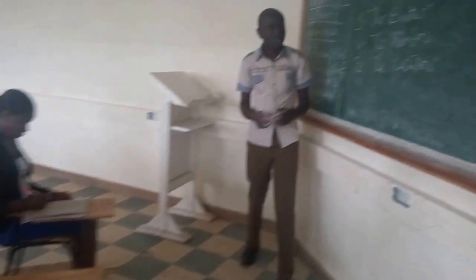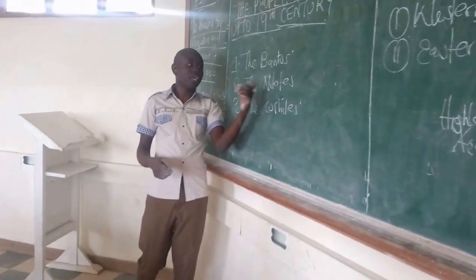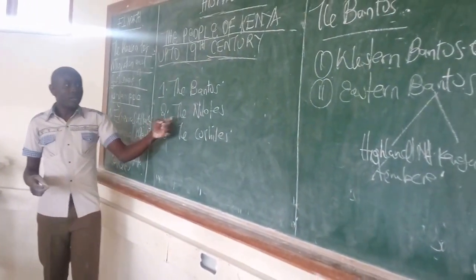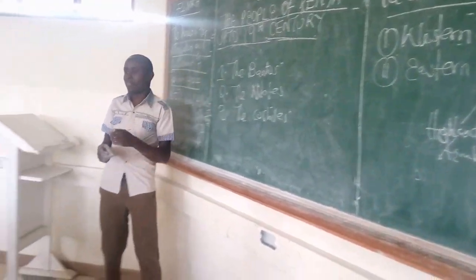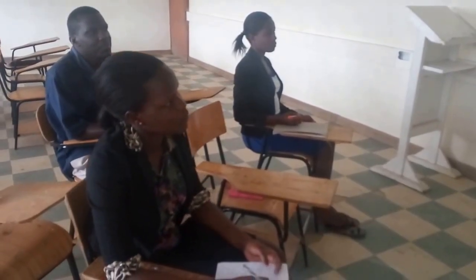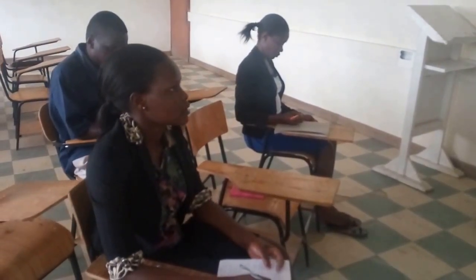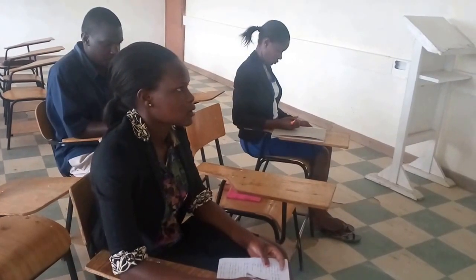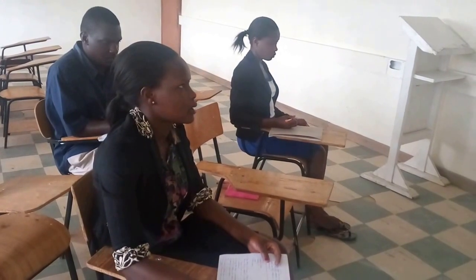The Nilotes in Kenya are divided into three linguistic groups. Which are these groups, class? Yes, Francisca. The Nilotes are divided into three major groups. First, we have the River Lake Nilotes, for example the Luo.